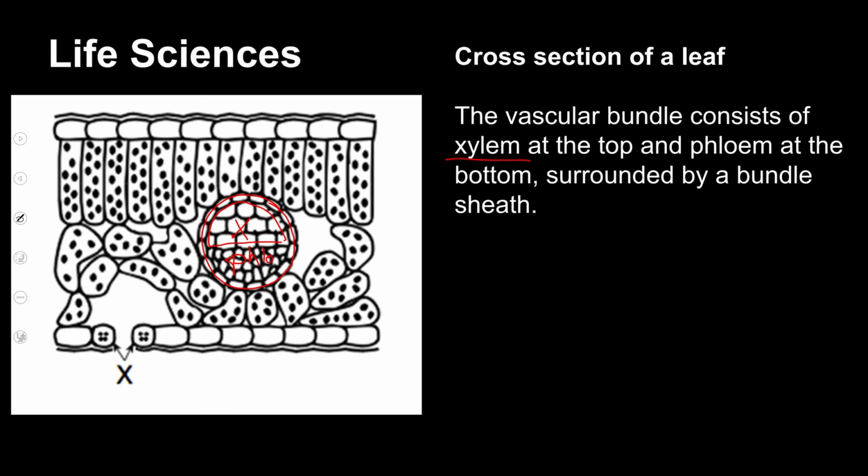So that's your xylem and phloem, and surrounding it, that layer of cells surrounding it, that is called the bundle sheath. And these are the tiny veins that we saw when we looked at the leaf skeleton, showing all the different veins.